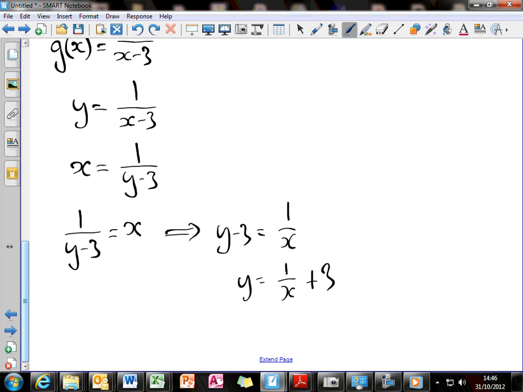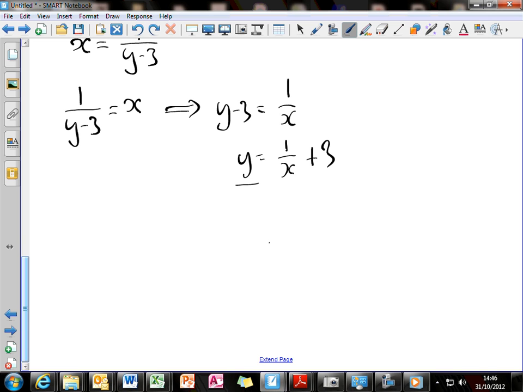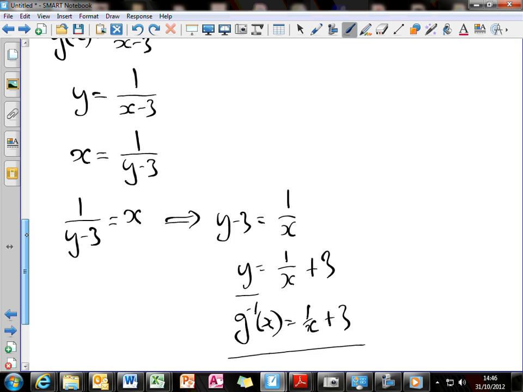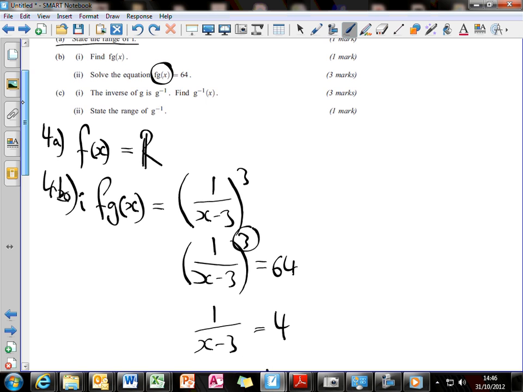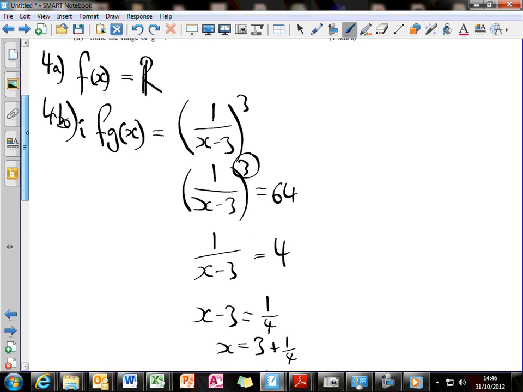And remember that this y that we put into it is the inverse function, g to the minus 1. So g to the minus 1 of x equals 1 over x plus 3. There we go. And then the final question, state the range of g to the minus 1 of x.